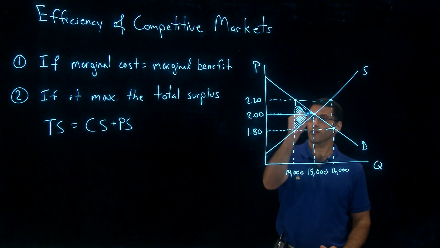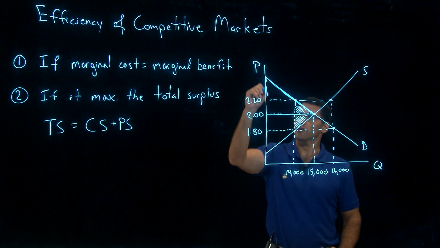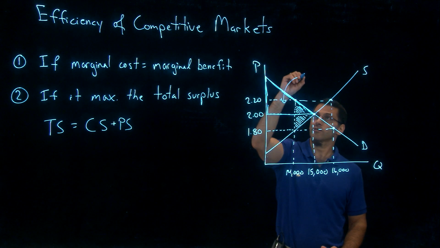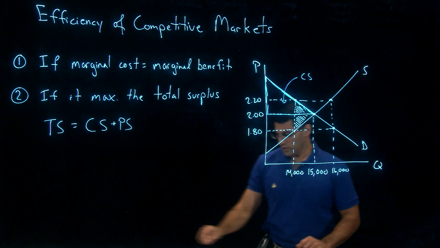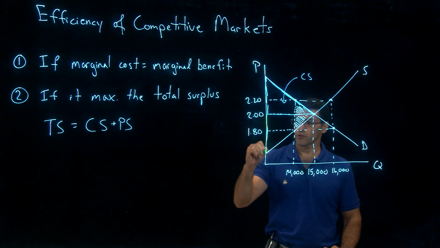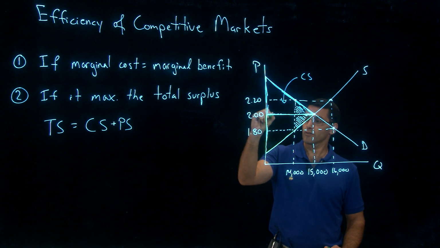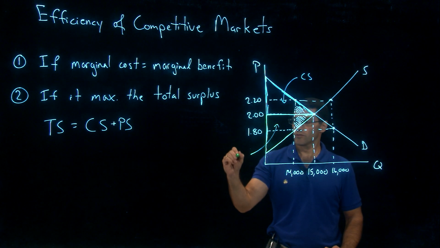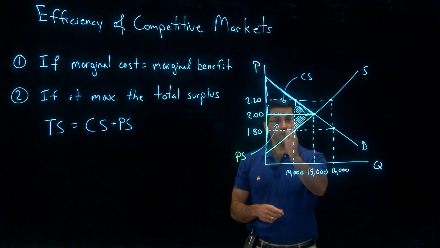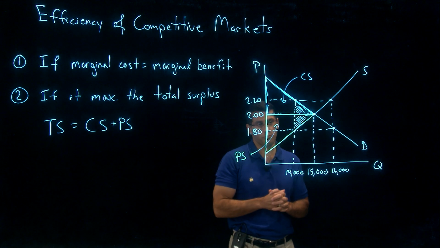So we'll shade in this upper triangle that we're outlining, which is our consumer surplus. And this lower triangle is our producer surplus. Again, if you stop short of 15,000, you're not taking advantage of all of the surplus that could be generated in the market.